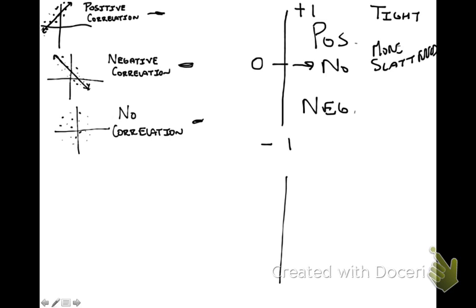So let's say we had a scatter plot, and we plot the data, it looks something like this. This is clearly a positive correlation, and the data is trending up, and it's pretty tight together. So someone might say that this has a correlation coefficient of +1. And somebody else might say, I think it's +0.8. But clearly that's tight together.